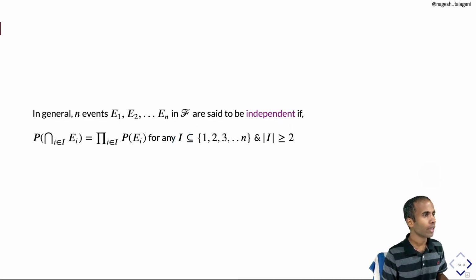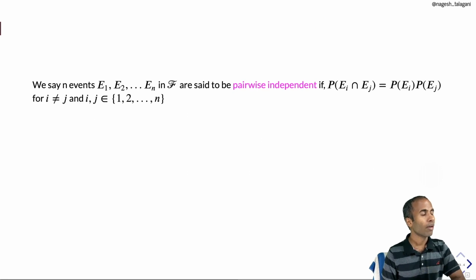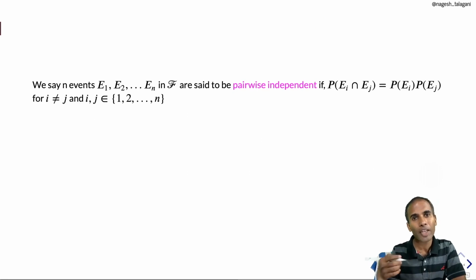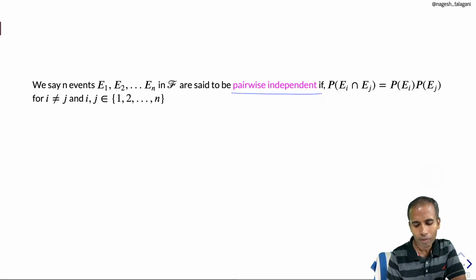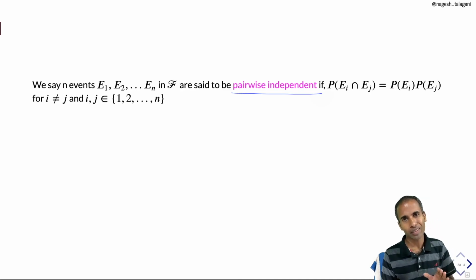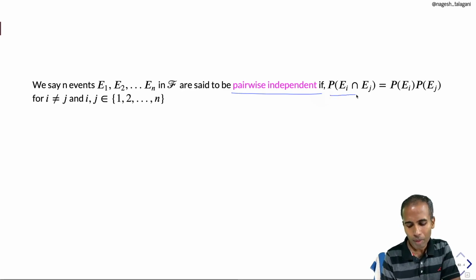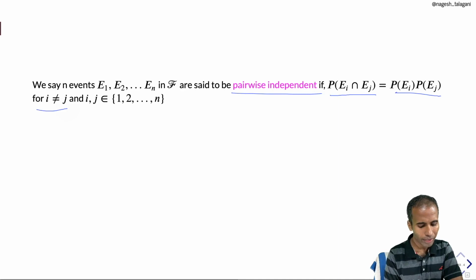Next, we also have a concept of pairwise independence. We say n events E1, E2, and so on up to En are said to be pairwise independent if every pair of events is independent. That means probability of Ei intersection Ej equals probability of Ei times probability of Ej for all i not equal to j, where i and j are from 1 to n.